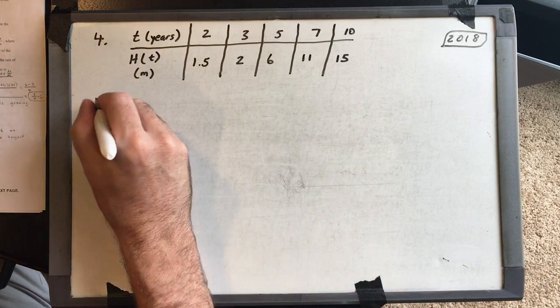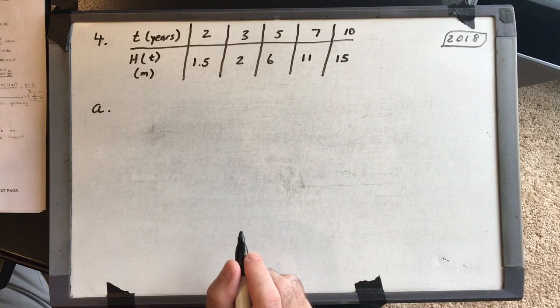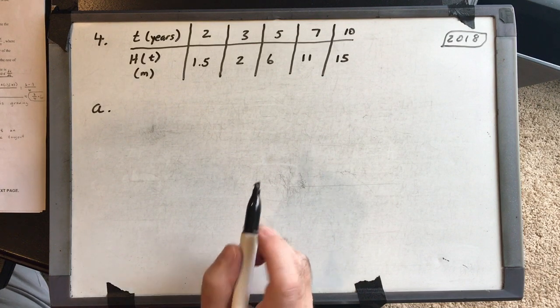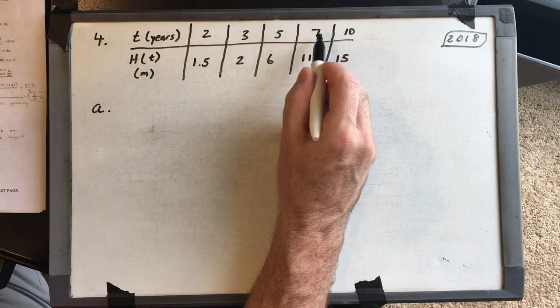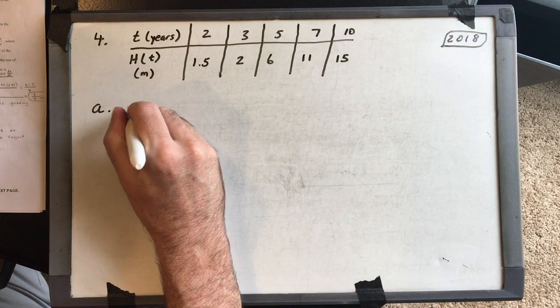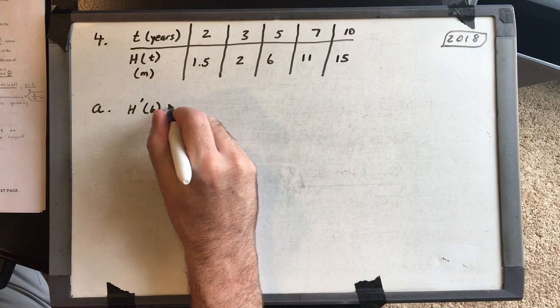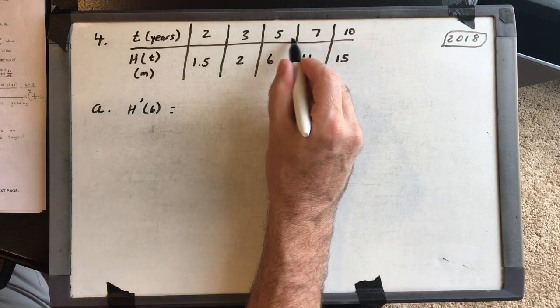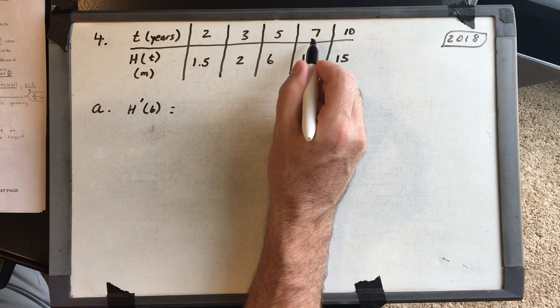So part A says, use the data in the table to estimate h prime of 6. And then what's the meaning of h prime of 6? Okay, so what you need to do is get the slope between 5 and 7. So h prime of 6 is equal to, we're going to estimate that by getting the slope of the secant line for the values that surround 6.